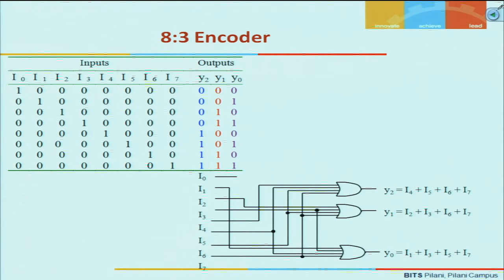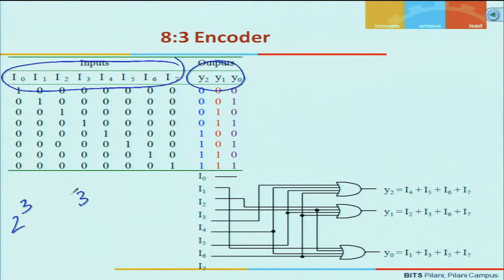We have an 8:3 encoder shown in this diagram, which has 8 inputs and 3 outputs, 2 to the power of 3 inputs and 3 outputs. As per this table, for any one of the input combination, let us say I0 is active, here we take active means a 1.